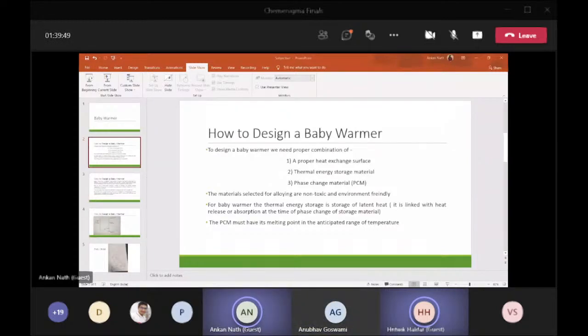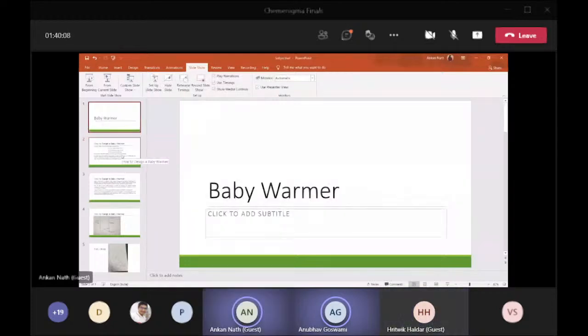I have started slideshow on my computer. Then please escape it and just use the normal PowerPoint window. Yes, you can just do it, because either way it does not matter for the presentation itself. Okay, I did start. Ritik, continue.